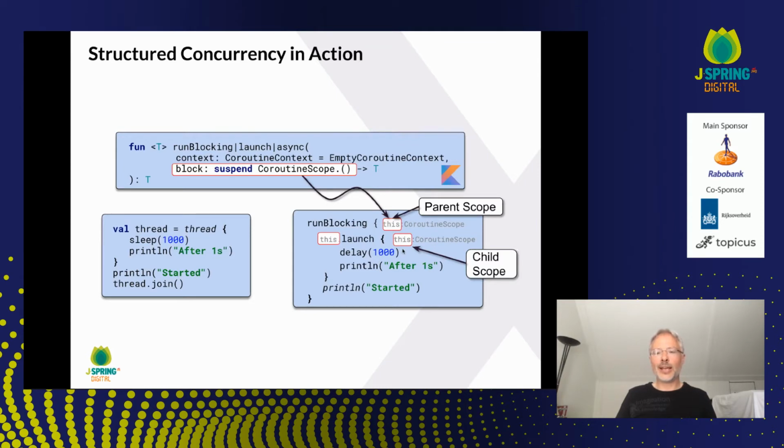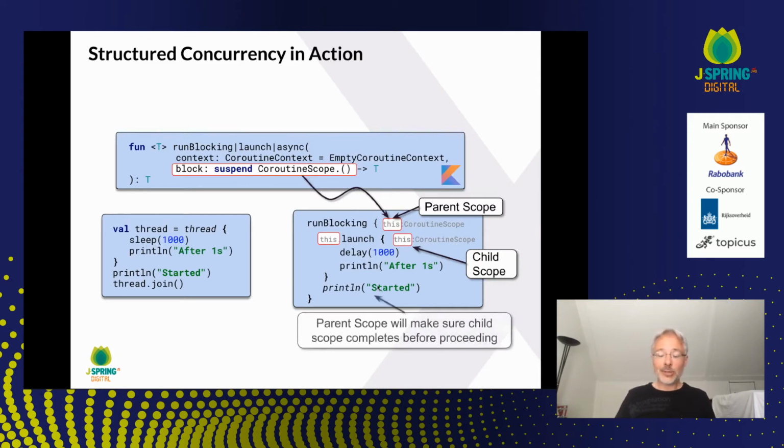And then we do our delay. What's the big deal about that? Why am I telling this? Have you wondered why we have join in the thread example here, and here we have no join? That's exactly what scoping does. What happens here is that runBlocking will right away print out started, because this will be delayed and executed right away.